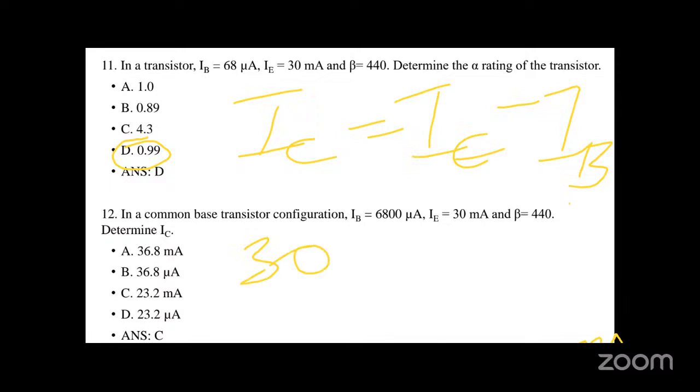IB, if we convert 6,800 to milliampere, that will be 6.8 milliampere, because IE is in milliampere. So that gives us 23.2 milliampere. So the correct answer is C.